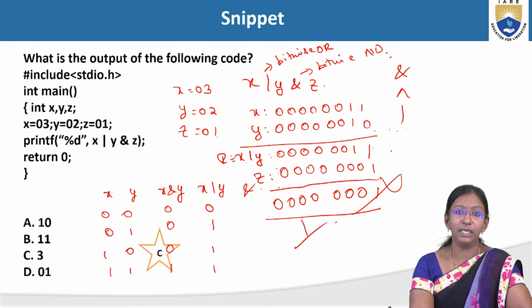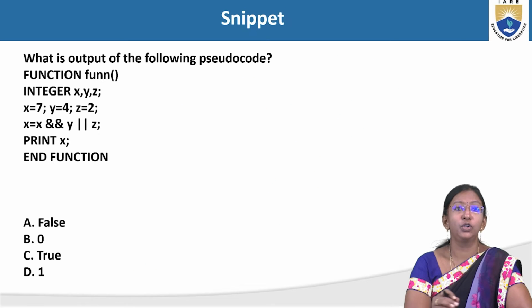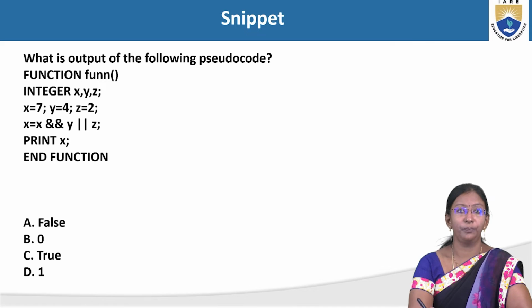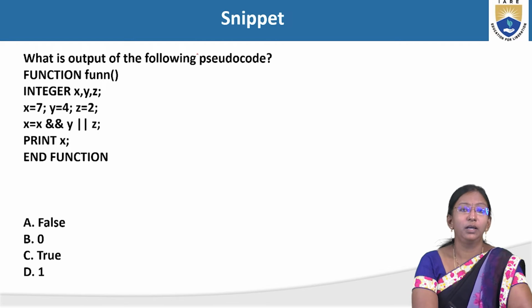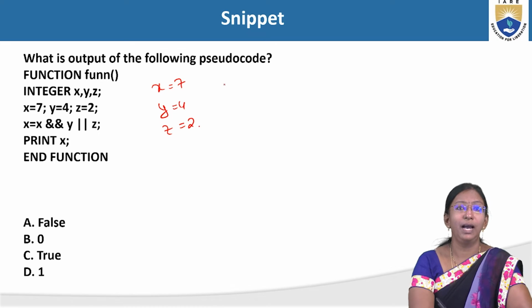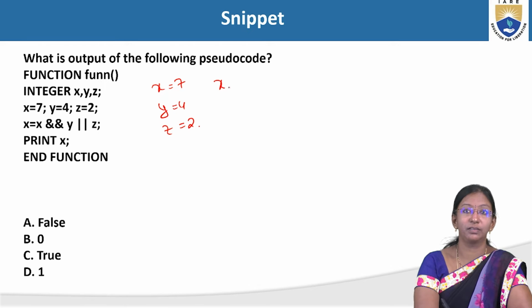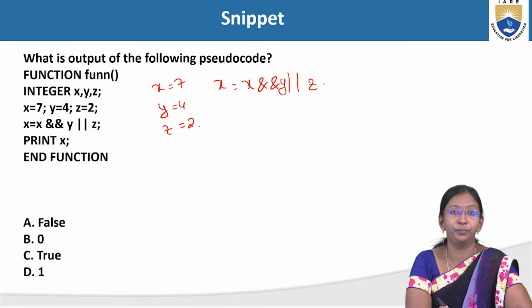Okay, let's go for the next one. Yes, here they have given us a simple pseudocode, right? They're talking about a function fun. Here they have taken the values as x is equal to 7, y is equal to 4, z is equal to 2, and they're trying to evaluate the value of x with x logical AND y logical OR z.